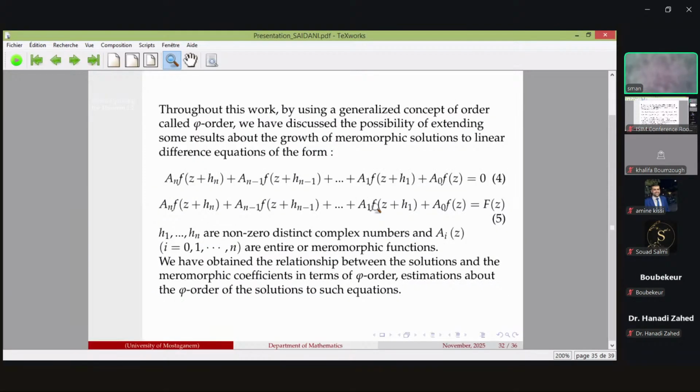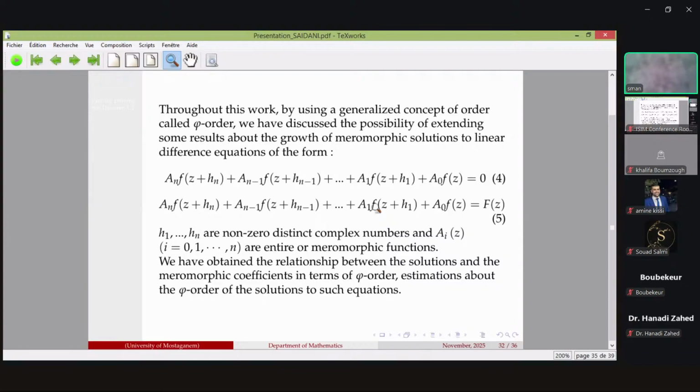As a conclusion of this work, by using a generalized concept of phi order, we have discussed the possibility of extending some results about the growth of meromorphic solutions of linear difference equations of the form 4 and 5, where H and G are non-zero distinct complex numbers, and the coefficients are entire or meromorphic functions.